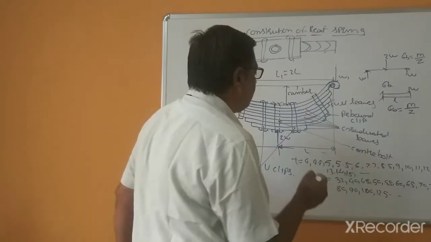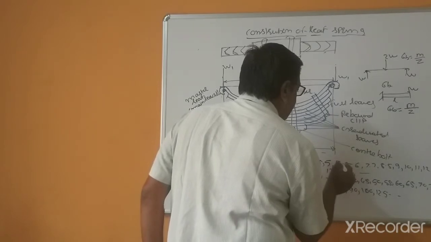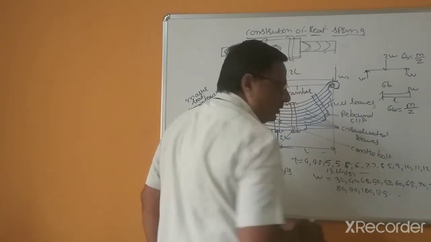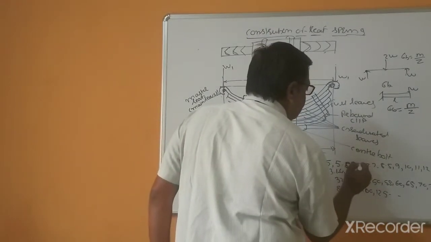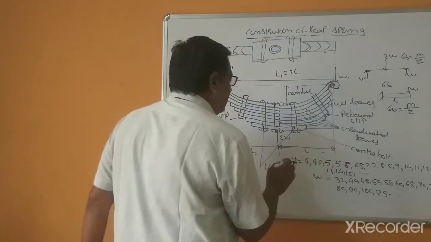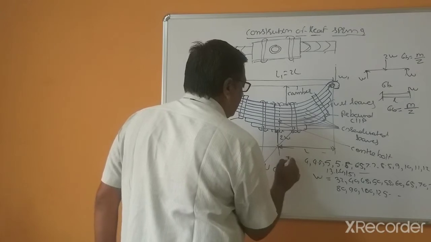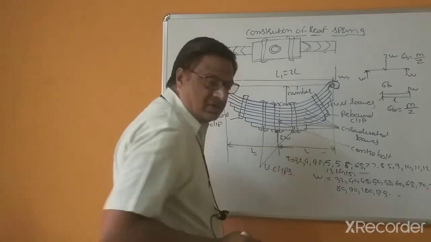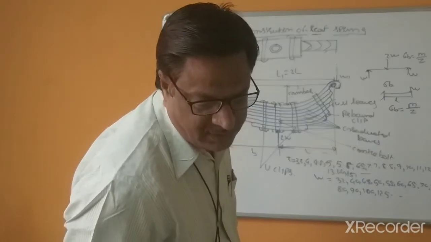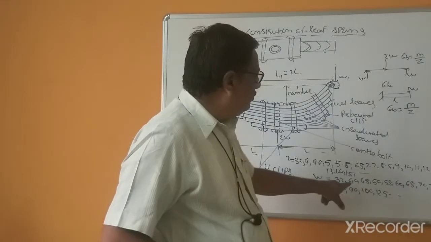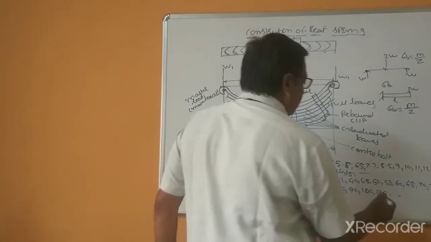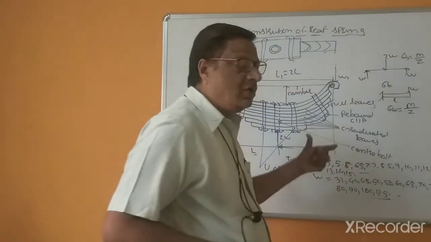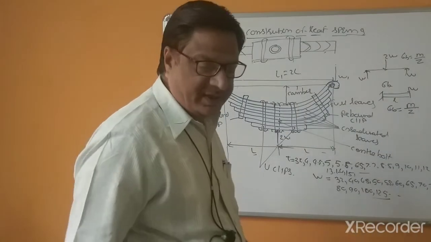So this is 5.6, and this is 6.5. This thickness starts from 3.2 mm, and widths are 30, 40, up to 125, and these are the widths of the plates.